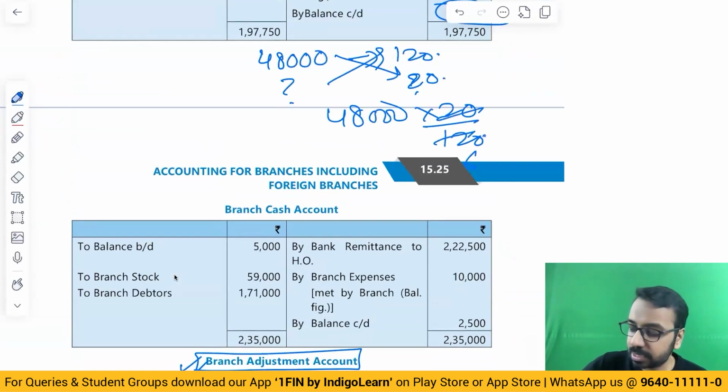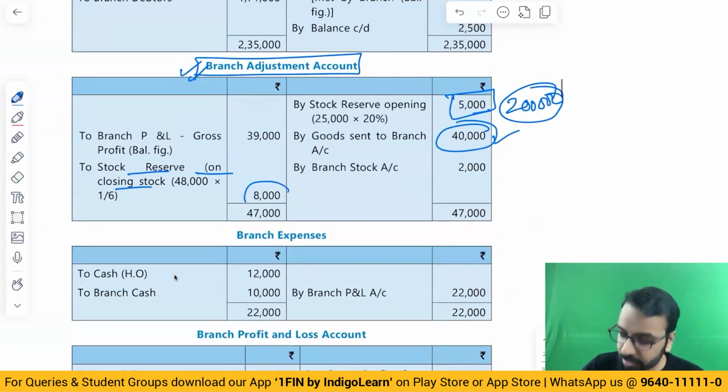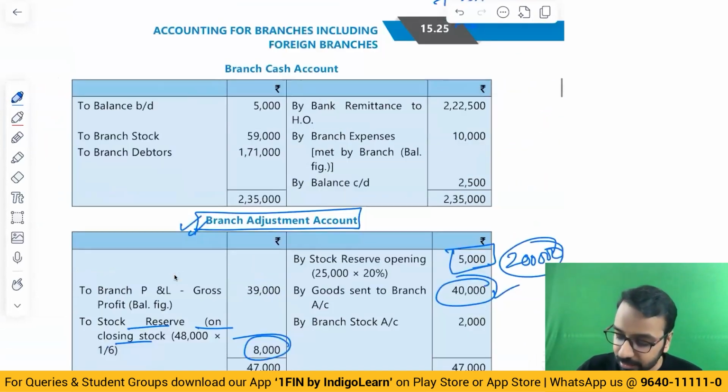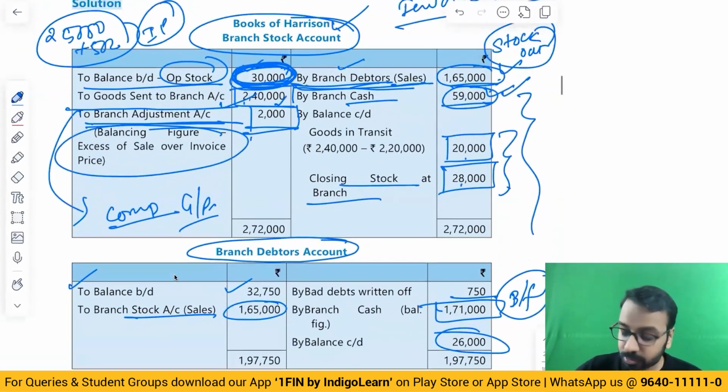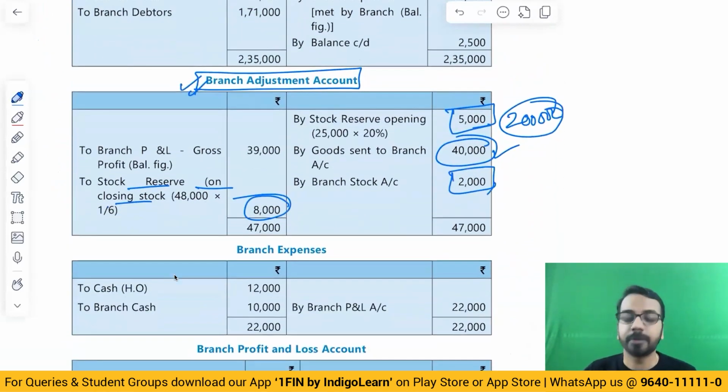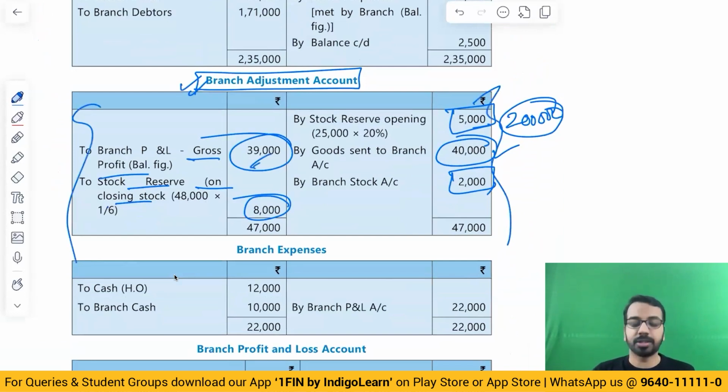So 20 into 6, 6 into 8,000. So that is the closing stock reserve. Okay. Then in the branch adjustment account, we had a profit of 2,000 that branch stock account that we transferred here. The balancing figure of this represents the gross profit. So in the branch adjustment account, after posting all the reserves, we'll calculate this gross profit.